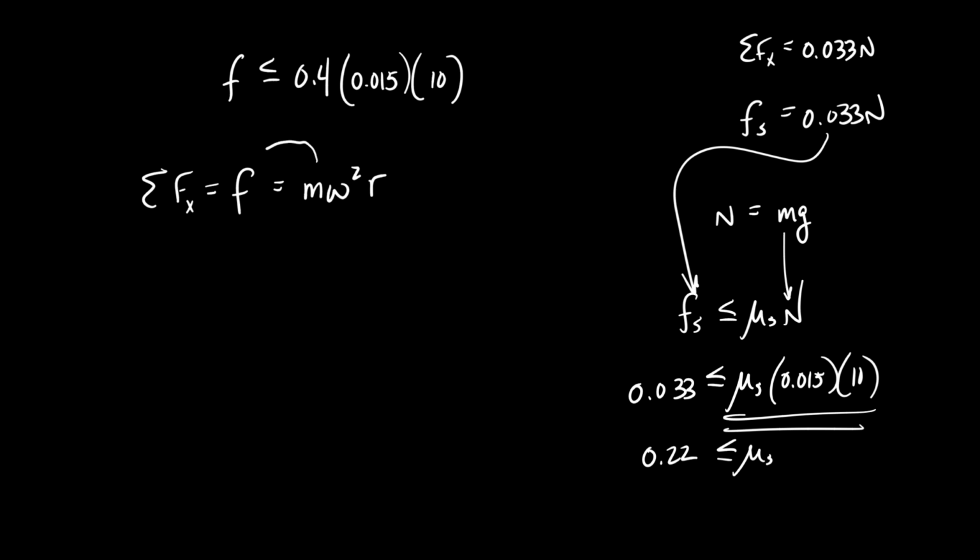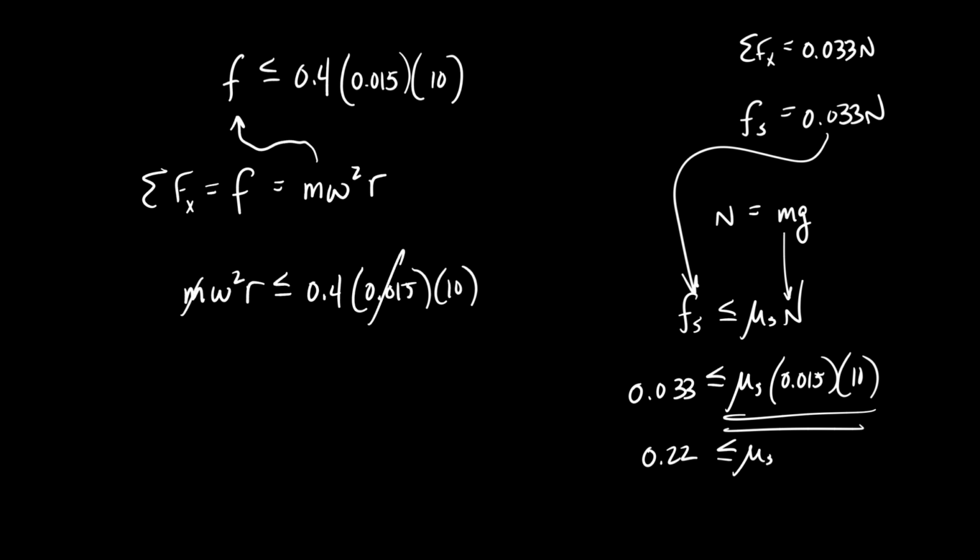So can I just do that? Since friction has to equal this m omega squared times r. Again, I like substituting into the inequality. Now, the first thing I want to point out is I could just cancel out those.